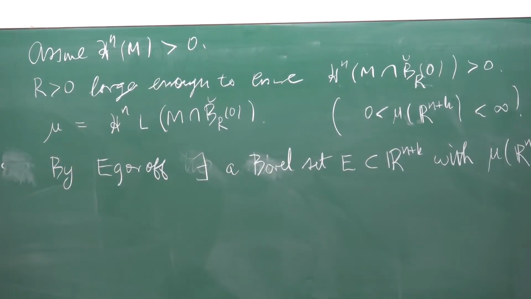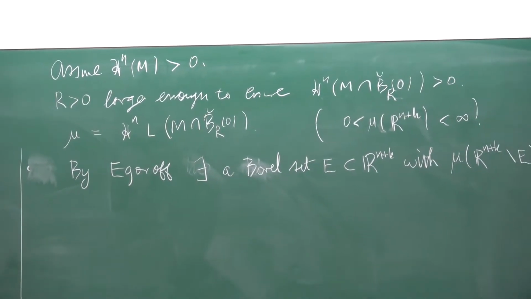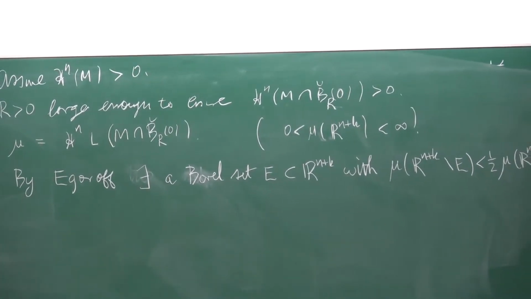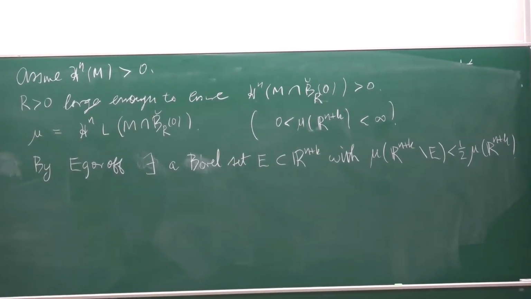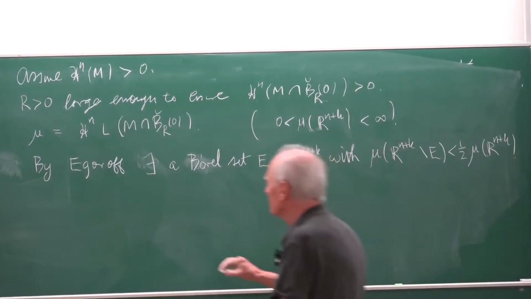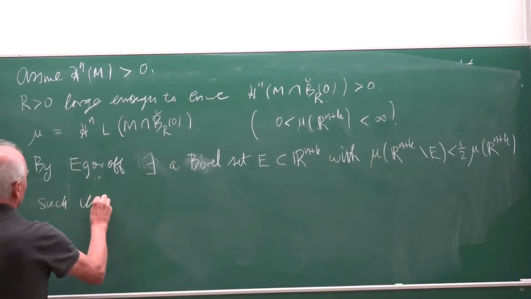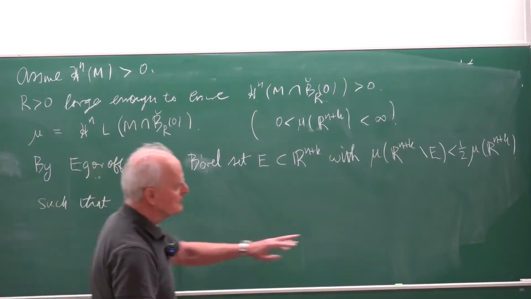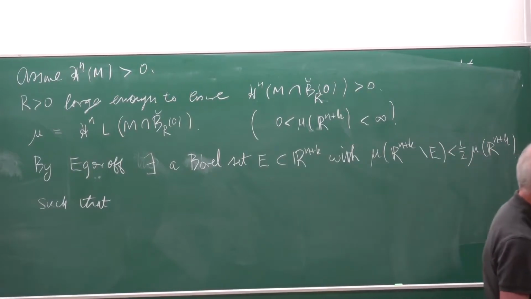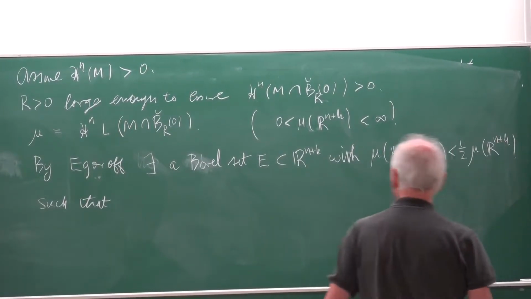We don't have to be too precise because I'm going to set up an iterative process later, so that a factor of a half is good enough to ultimately prove measure 0. We'll show that we can, as long as we chew up at least half the total measure. So Egorov guarantees that you can pick such a set such that the convergence here is uniform. 1 and 2 are uniform.